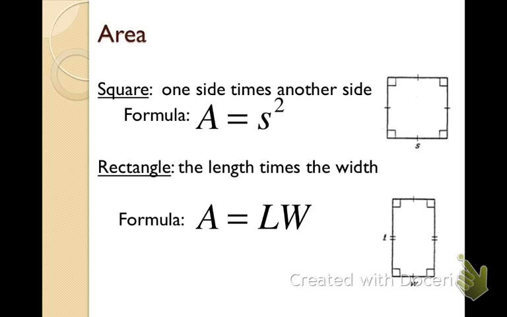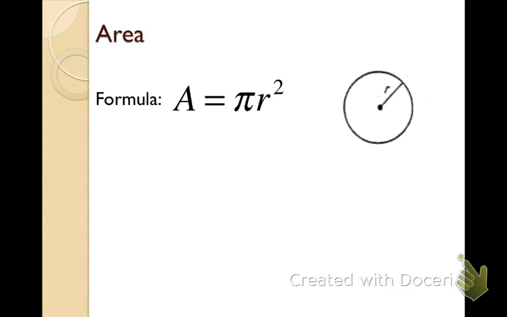So the formula for finding the area of a rectangle is A equals LW, which stands for length times width. Now, if we go to a circle, the formula to find the area of a circle is pi r squared. So the number pi times the radius squared.